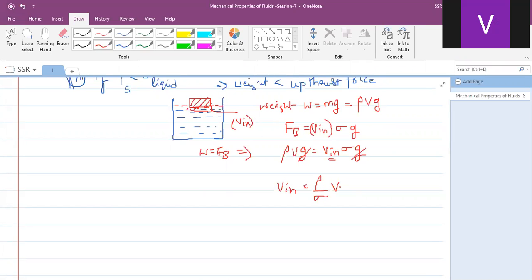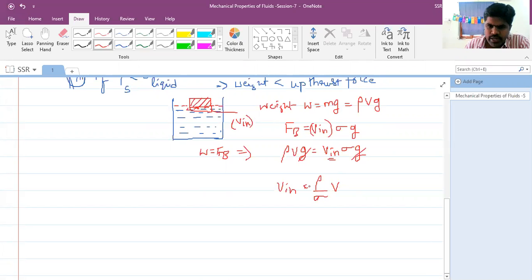In this case, what is the apparent weight of the body? Anybody can say? The body is in floating condition. Here the apparent weight of the body is equal to 0, because apparent weight is the weight of the body minus upthrust.